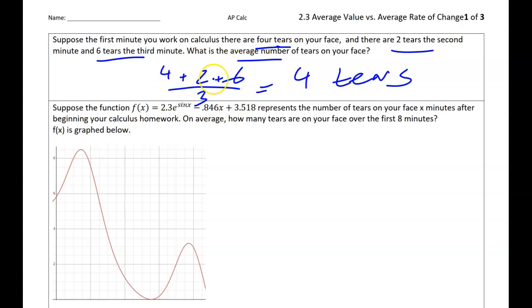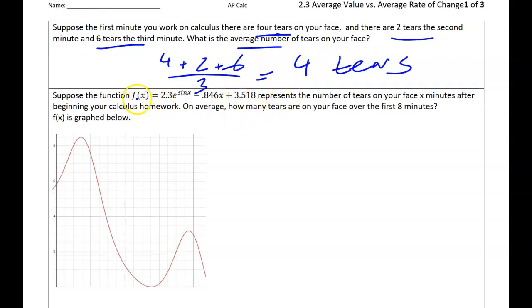Notice, that's very discrete and oversimplified, and often when we measure things in real life, they're a little bit more complicated than that, right? So say instead of having just a nice number of tiers, we have this pretty ugly function here, f of x, to represent our number of tiers. Our question is the same.